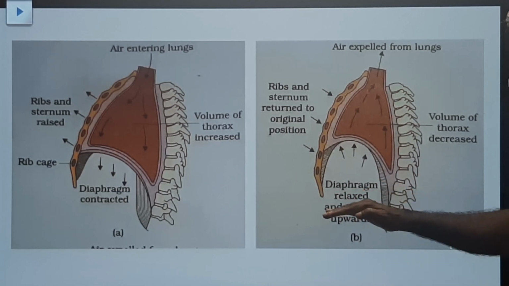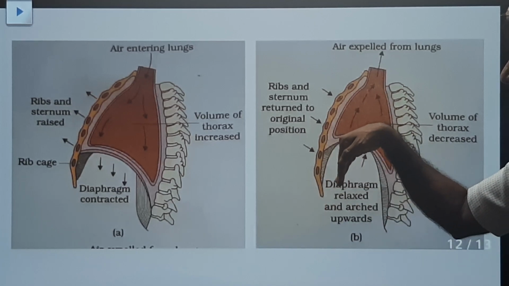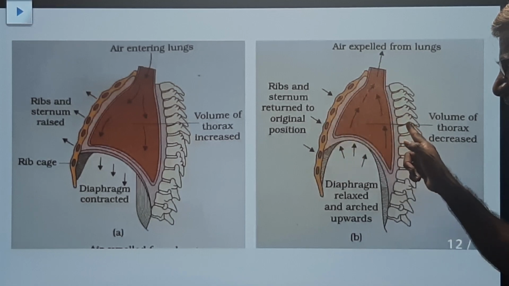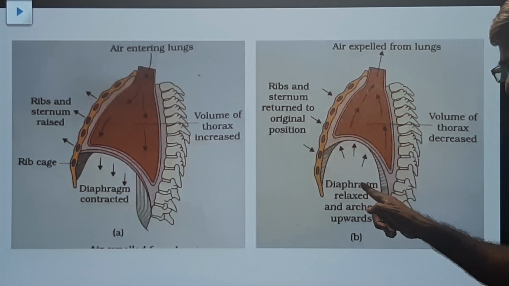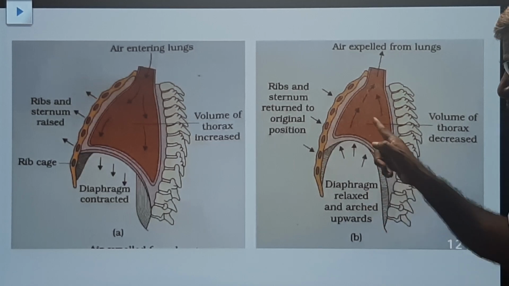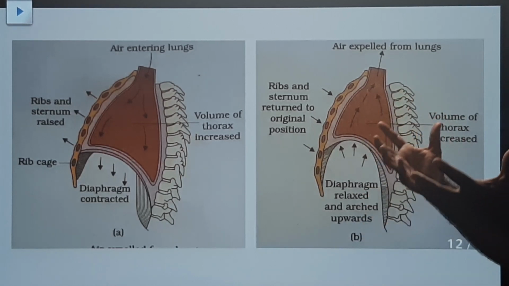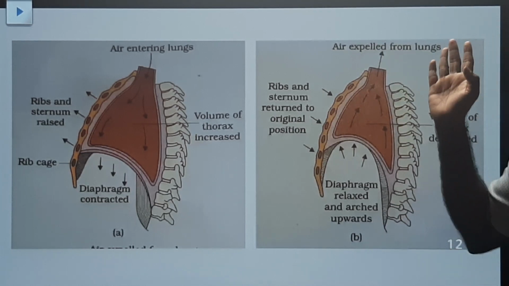The diaphragm muscles also get relaxed, so the diaphragm becomes dome shaped. So the dorsoventral area decreases, and the anterior-posterior area also decreases. So in the lungs, pressure increases. When the pressure increases, inside air is expelled to the outside. Okay, have a look.